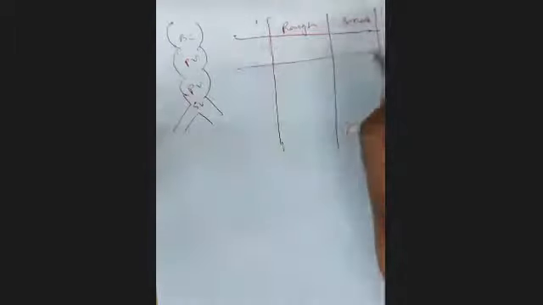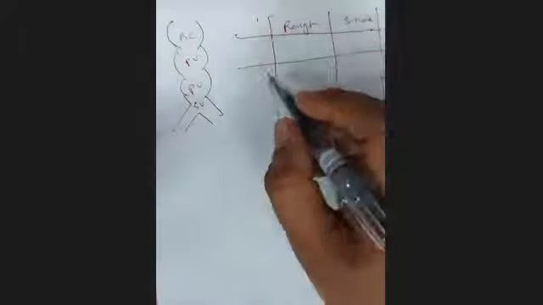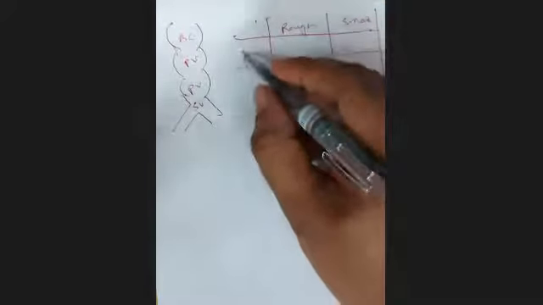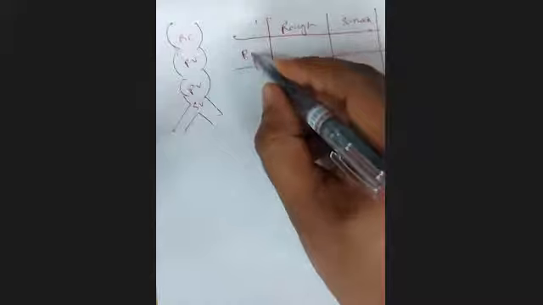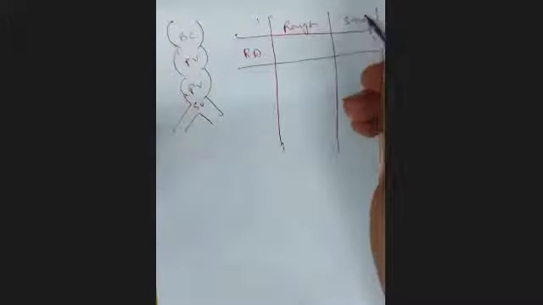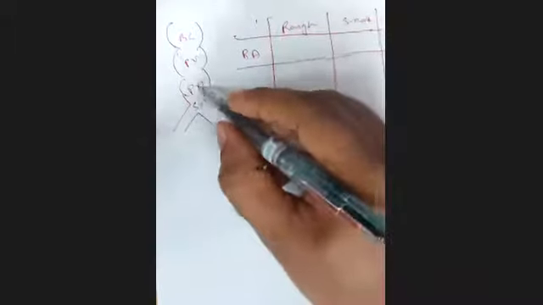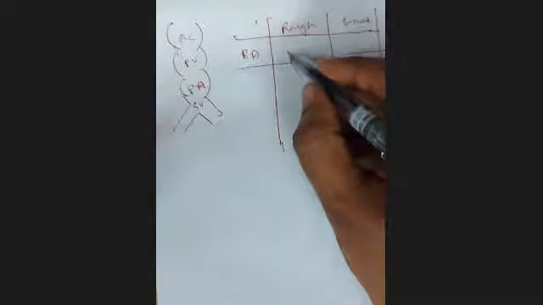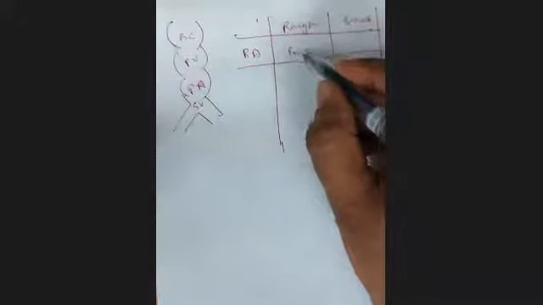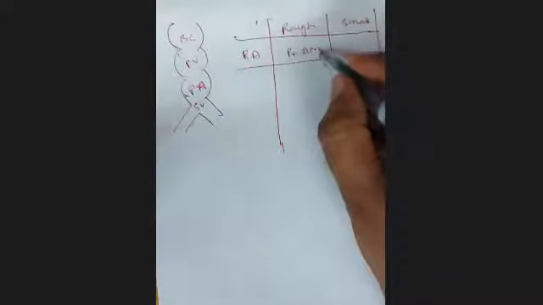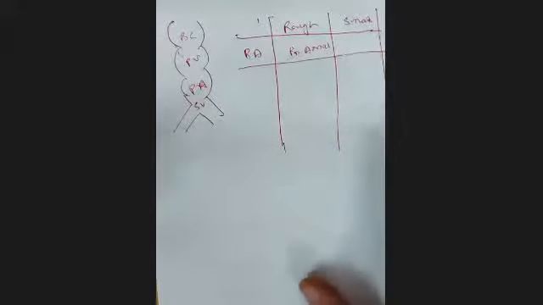Let us study the first chamber, the right atrium. The rough part of the right atrium will develop from the primitive atrial chamber. Always remember, the primitive parts are rough.